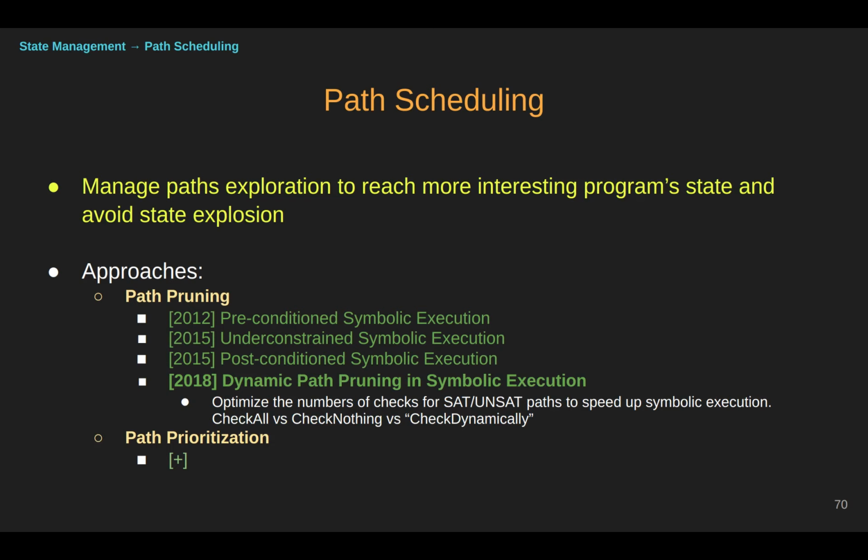And then dynamic path pruning, which is when you're exploring symbolically, you have a state that forks, and you have the if statement, right? And the condition can either be true or false, and that condition depends on the input. Now, you can do one of two, or let's say three things.